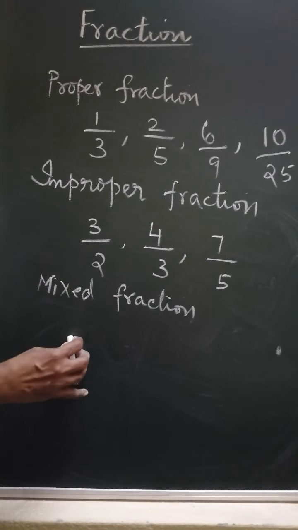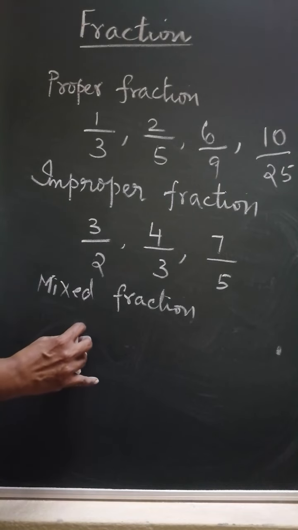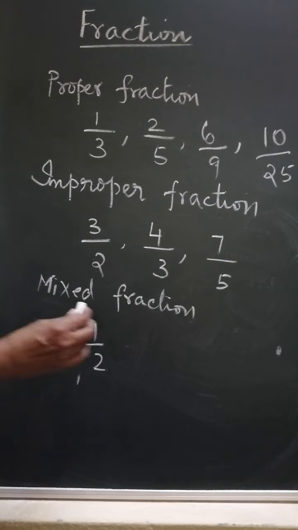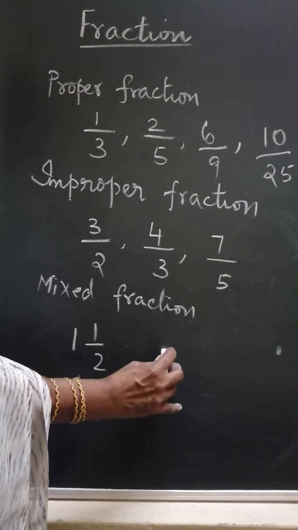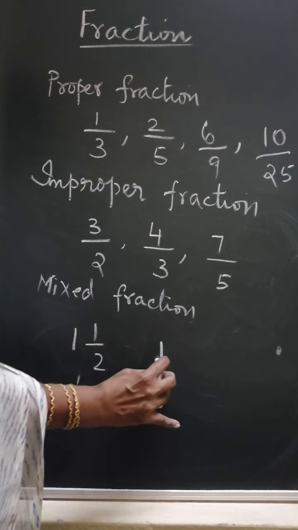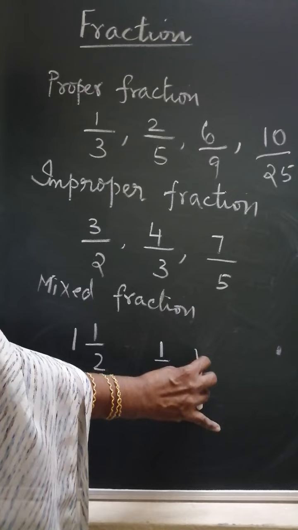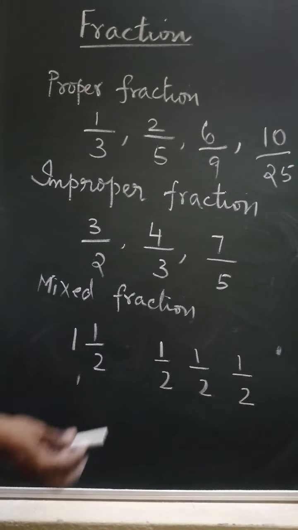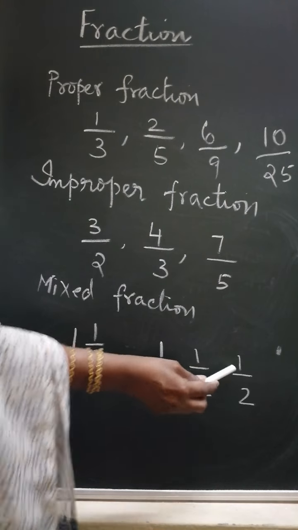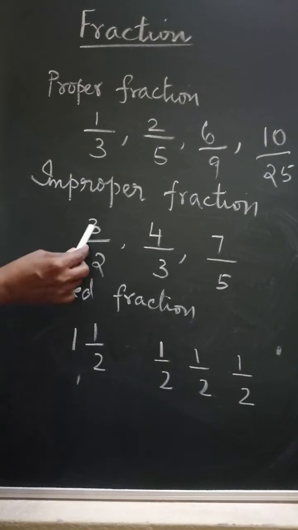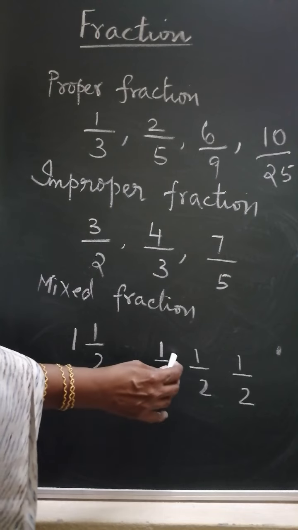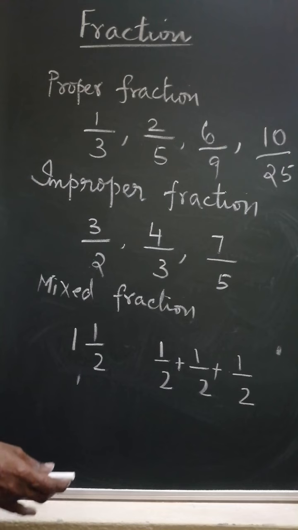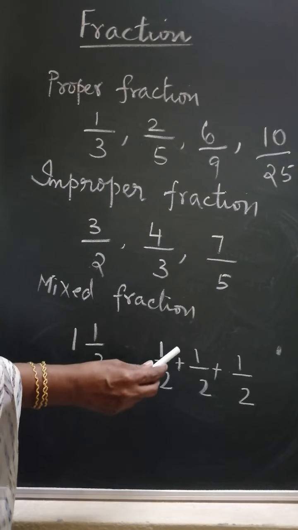Here this 3 by 2 is represented by 1 and 1 by 2. That means 3 by 2 is 1 by 2, 1 by 2, 1 by 2. These three 1 by 2 together make 3 by 2. So 1 by 2 plus 1 by 2 plus 1 by 2.